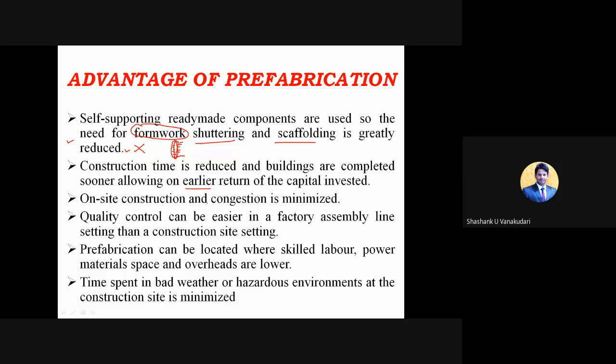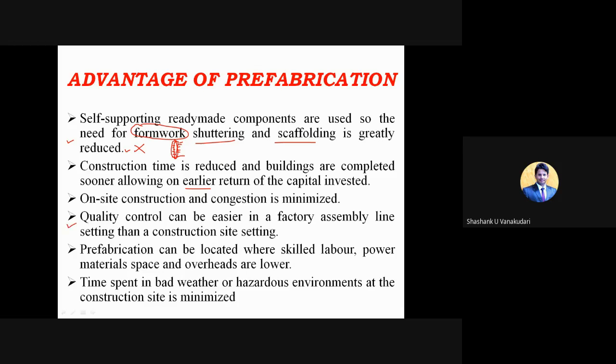And then on-site construction congestion is minimized, because only the erection equipment needs some particular space to erect and place the elements. Nowhere else is space required to store the materials, because all the structural elements are constructed at the manufacturing site itself. So when you have a congested place, you can go with this prefabrication concept. During that time, it is much more advantageous.